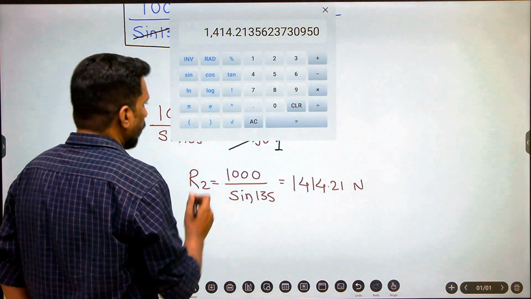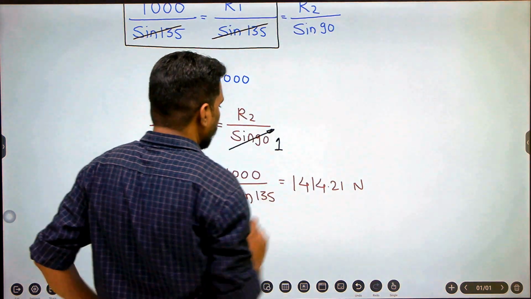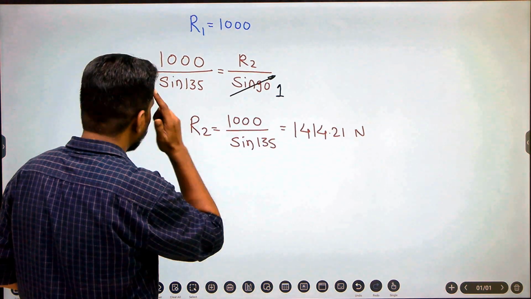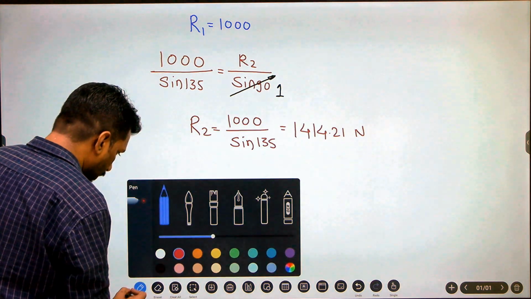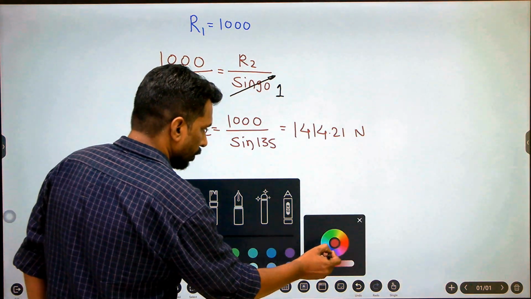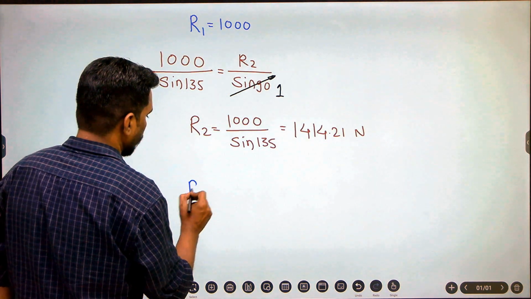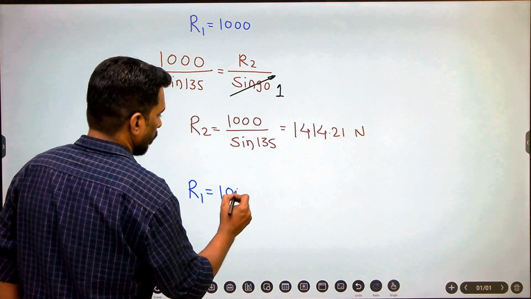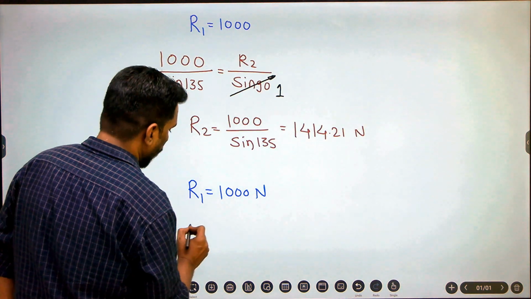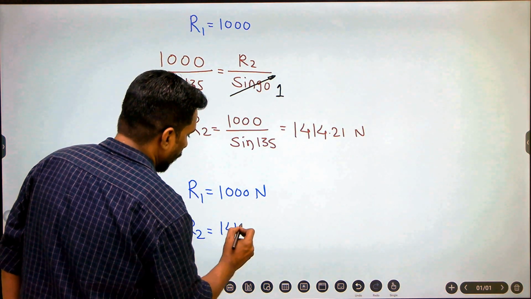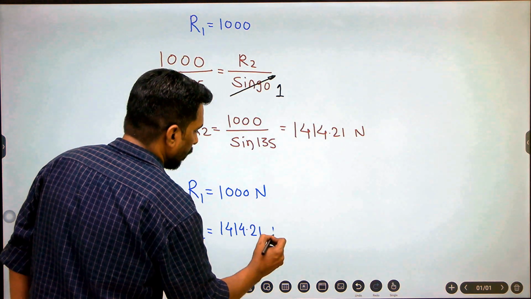Okay, so here we have both the values. Now I write the final answers. R1 is equal to 1000 and R2 is equal to 1414.21 Newton.